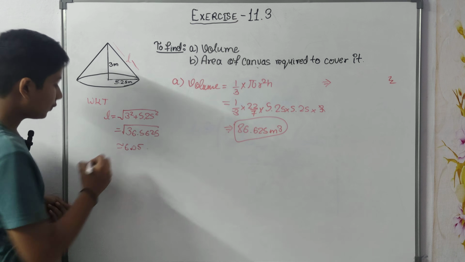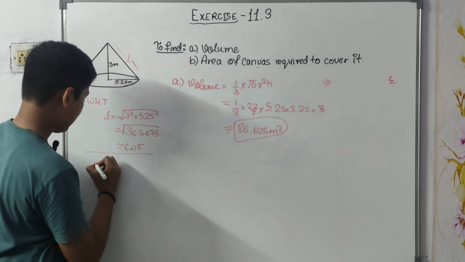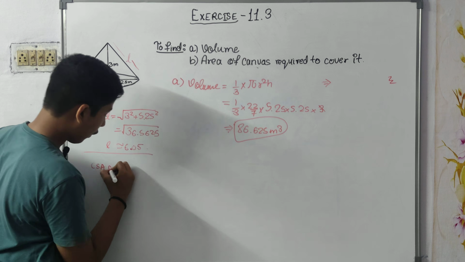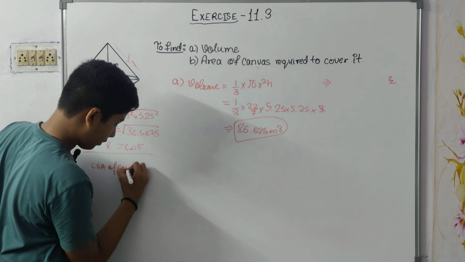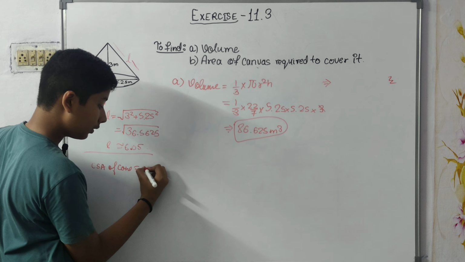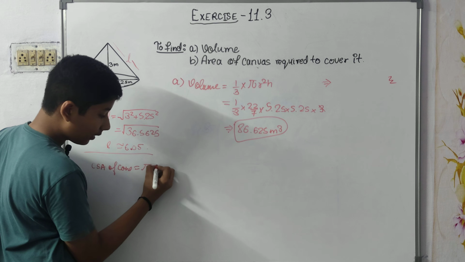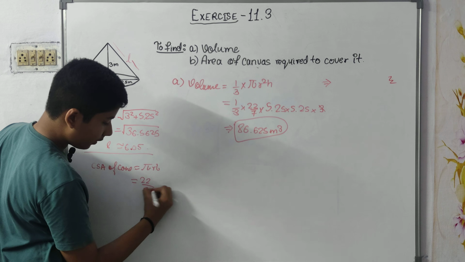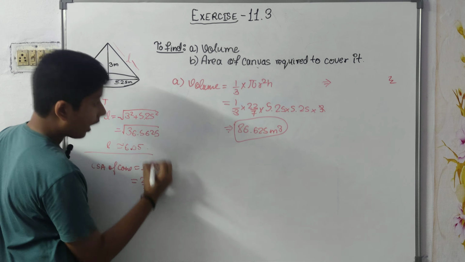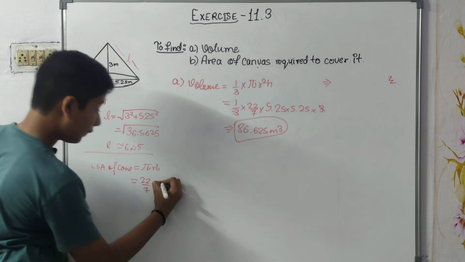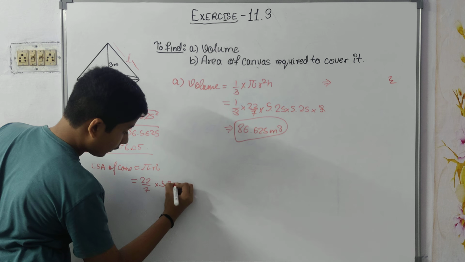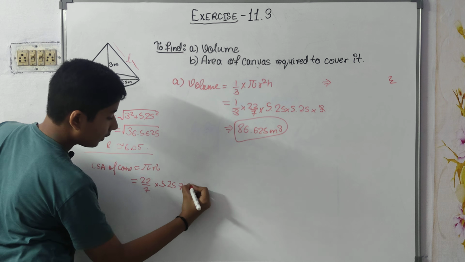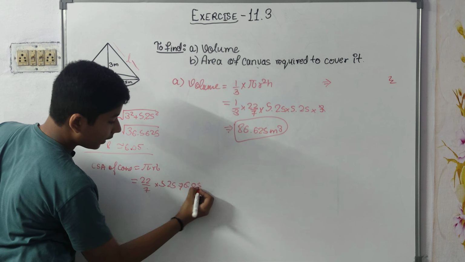Now CSA of cone equals pi r l. Pi is 22/7, r is 5.25, l is 6.05.